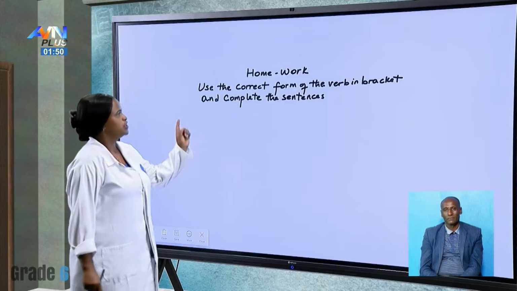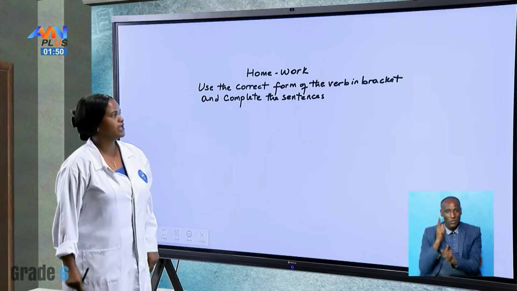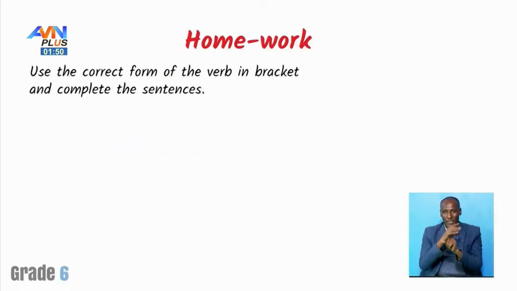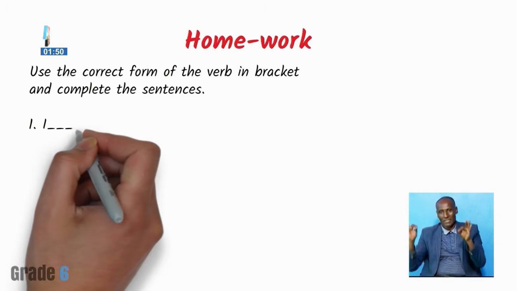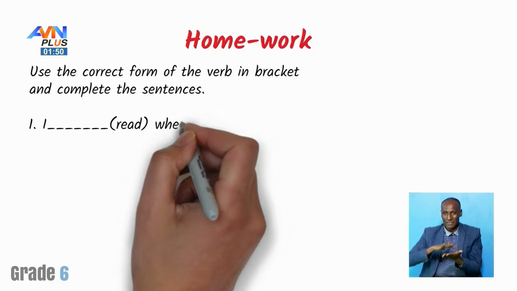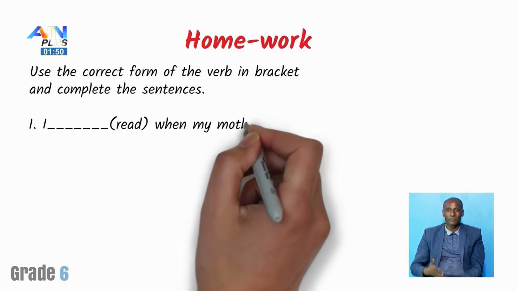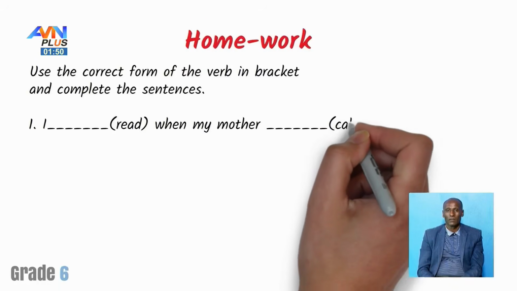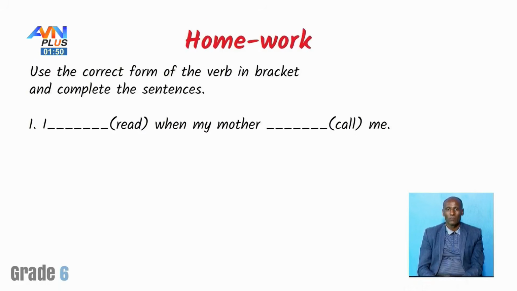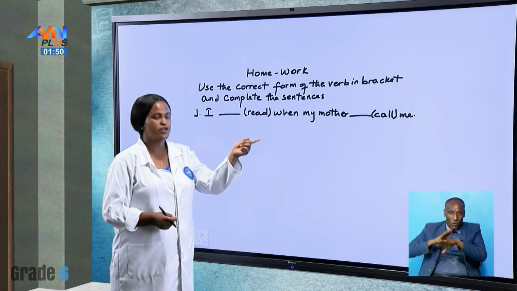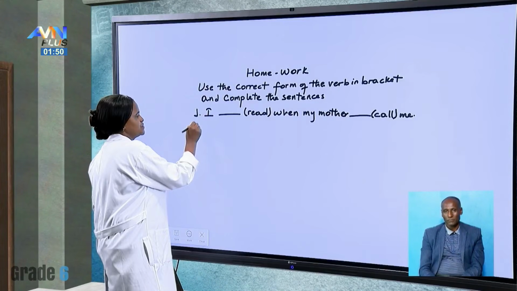Okay. Use the correct form of the verb in brackets and complete the sentences. Now let us see. I blank read when my mother called me. Now put the correct form of these two verbs in the provided blank.